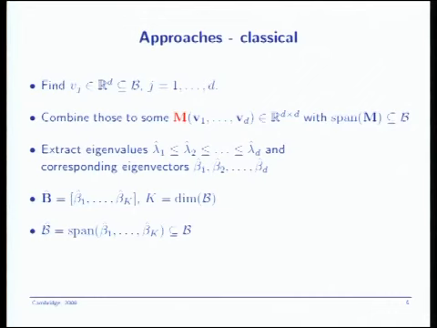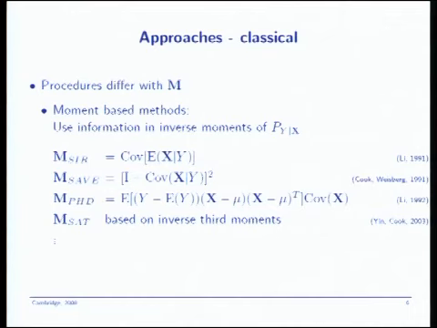Okay, so methods now can differ in how you constitute this matrix M, how you find it. And, well, there's moment-based methods. First of all, there is this method SIR, which I have already alluded to.